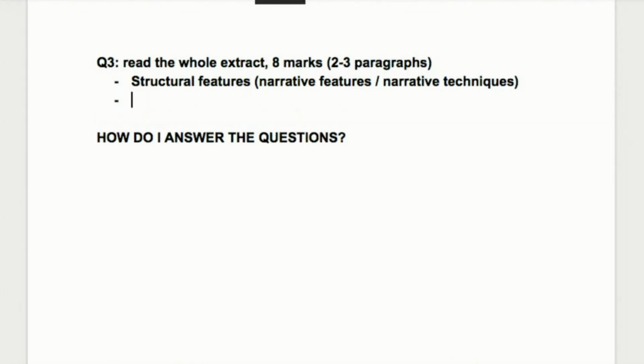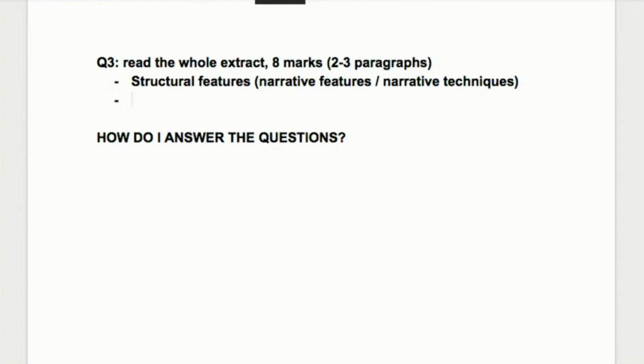This might include a change of focus or punctuation, or the way that something is revealed or hidden, or maybe when we realize something about a character. It might be a moment of really dramatic action. There's loads of different ways that writers choose to use structures to reveal their ideas. So as well as understanding all of this basic language features, you need to understand the structural features as well.